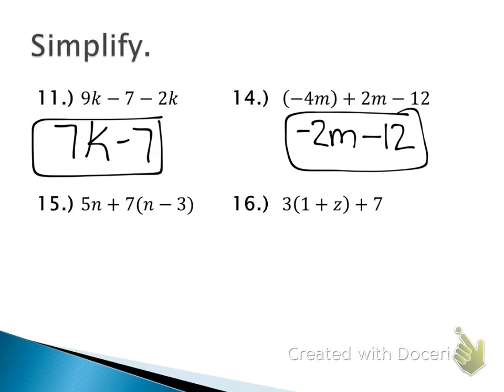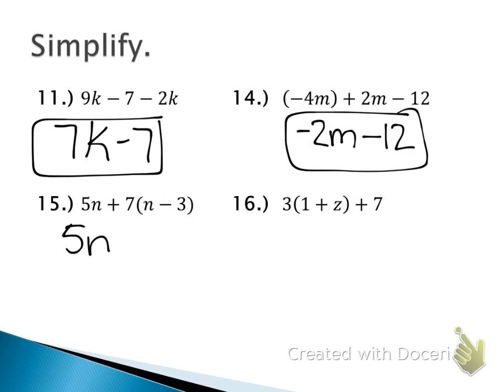All right, on 15 and 16, you should have at least had 2 lines of work shown. Well, 1 line of work and then an answer. We cannot go straight to our answer. So the first thing we would do would be to distribute the 7, which means the 5n is just hanging out in front.